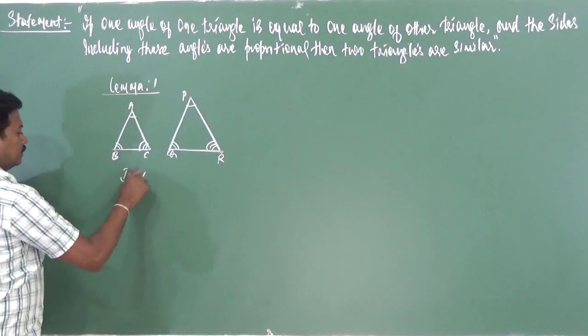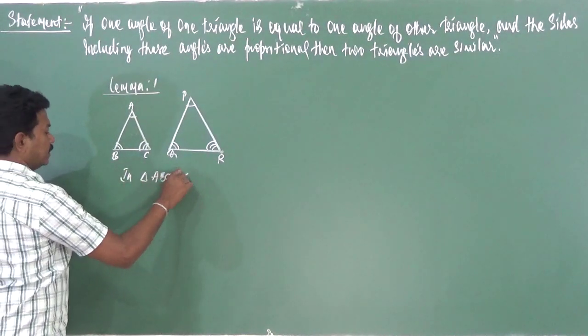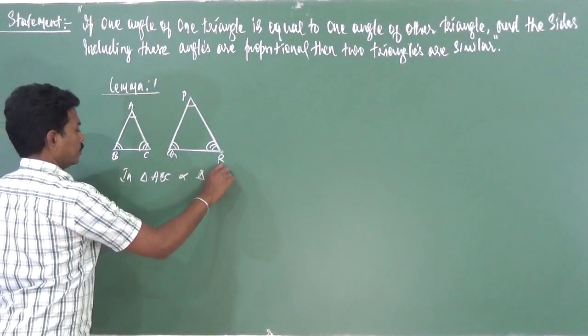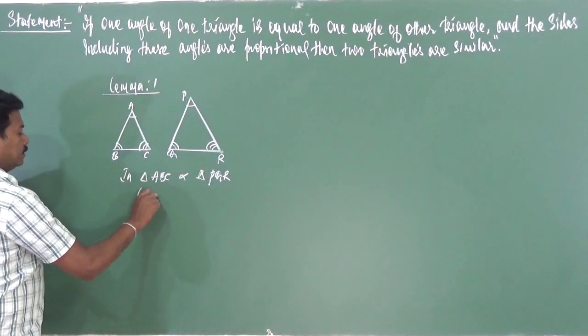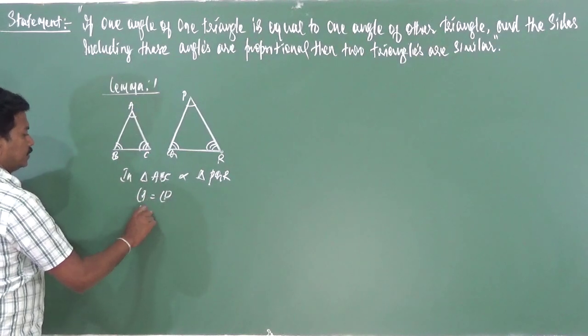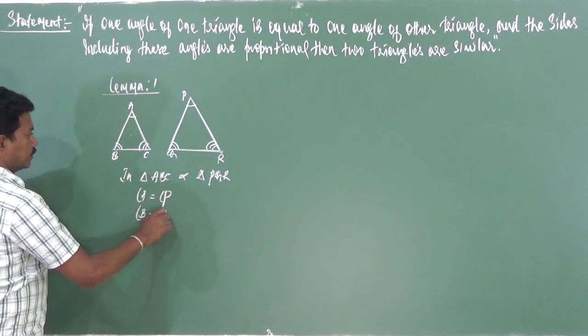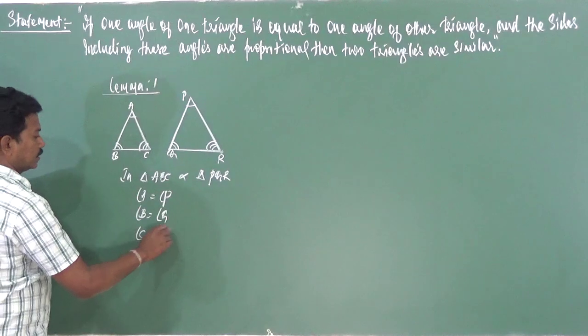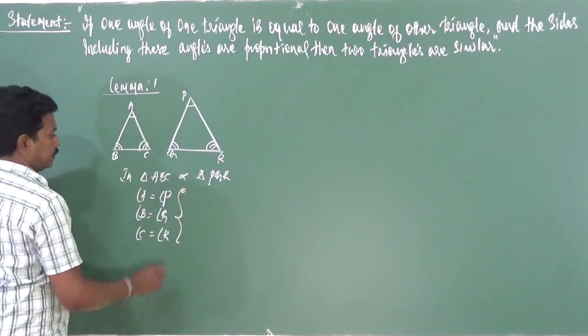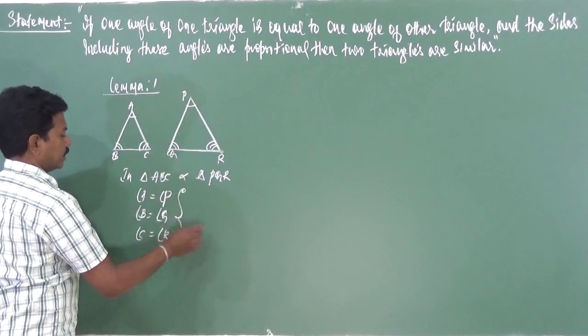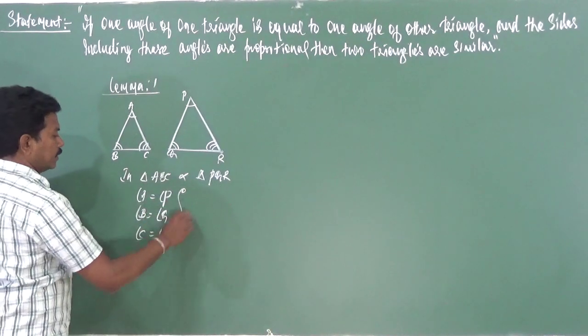So in triangle ABC and triangle PQR, angle A is equal to angle P, angle B is equal to angle Q, angle C is equal to angle R. Both the triangles are equiangular because their corresponding angles are equal.